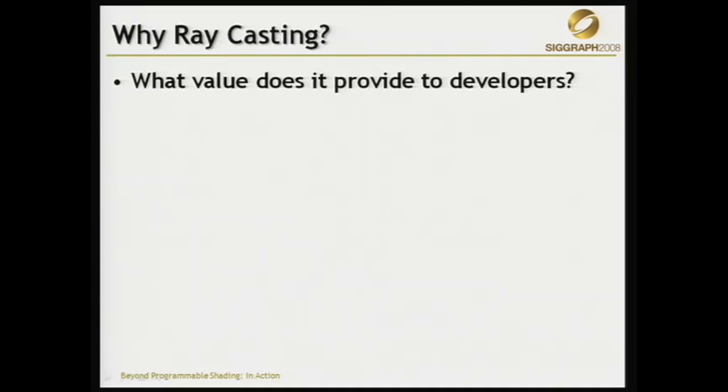What value does raycasting provide to game developers? Well, as is evident in the last half of this presentation, much of the work in making games goes into optimizing for performance, fitting everything in memory, and most importantly, content generation. But what if you never had to worry about triangle counts, so that the model that the artists create in ZBrush were the final models?